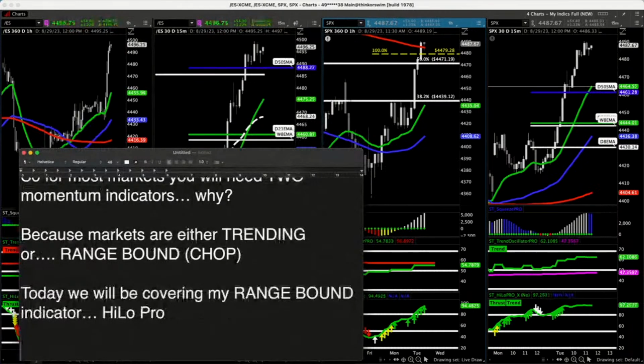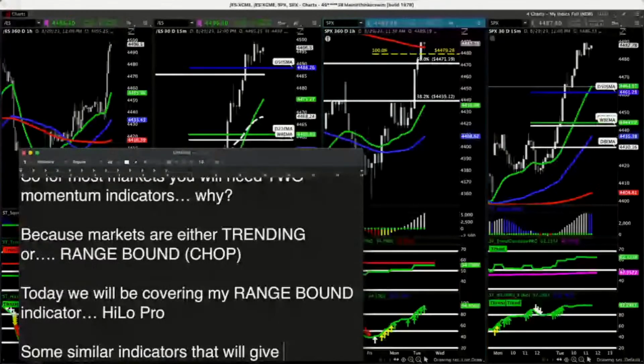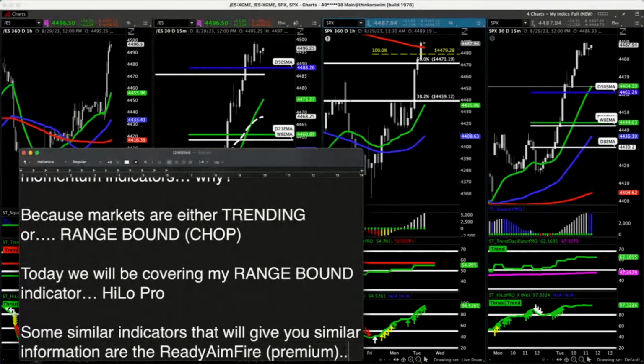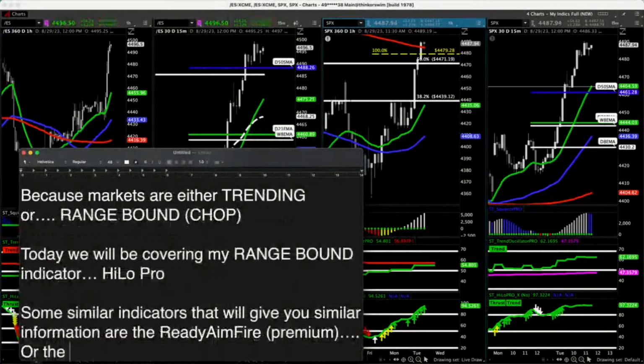Now, before we get started, some similar indicators that will give you similar information are the Ready, Aim, Fire, which is a premium indicator, or the slow stochastic, which is a free indicator.